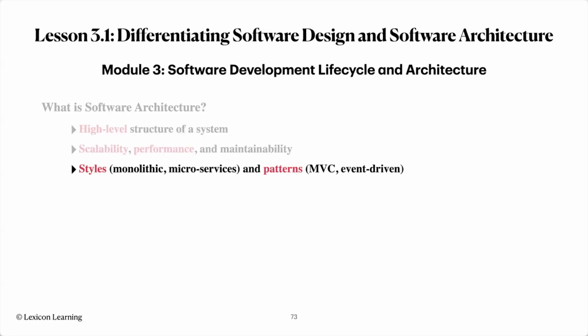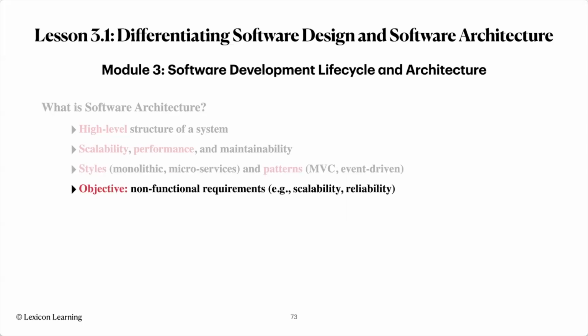And software architecture determines the overall blueprint, including the selection of architectural styles such as monolithic, microservice, or patterns such as model view controller or event-driven.